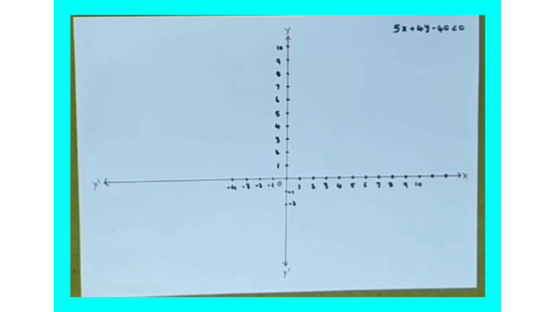Draw the graph of the linear equation 5x plus 4y minus 40 is equal to 0, corresponding to the given linear inequality 5x plus 4y minus 40 is less than 0.